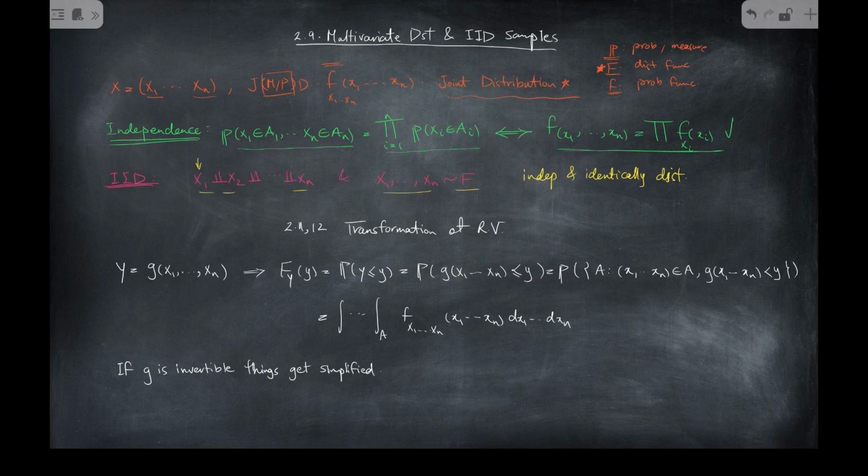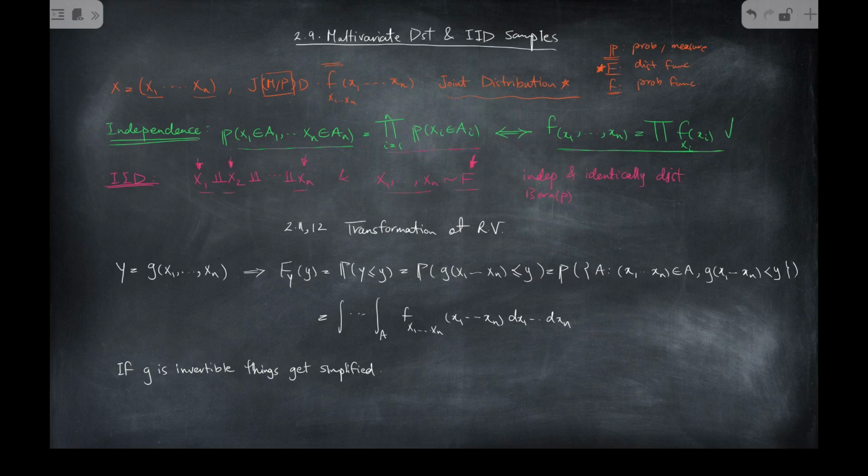So flip the coin once, and you have one Bernoulli random variable. Flip the coin twice, the second one, and so forth. And these are independent because the results do not affect each other, and they come from the same distribution. You are flipping the same coin. It's just some Bernoulli with the same parameter p, and because of that we call this identically distributed.